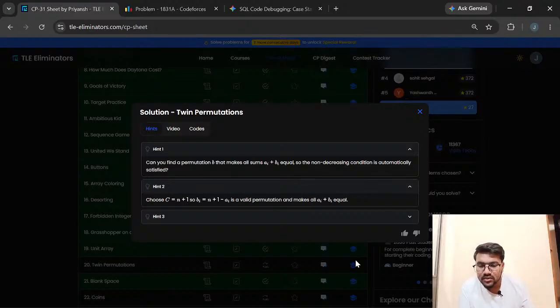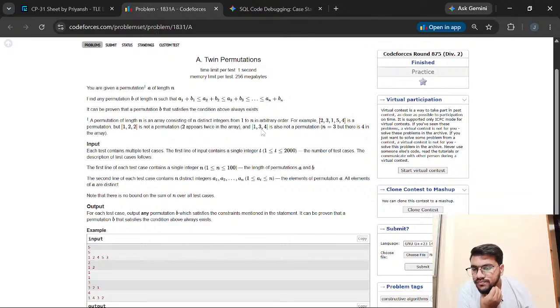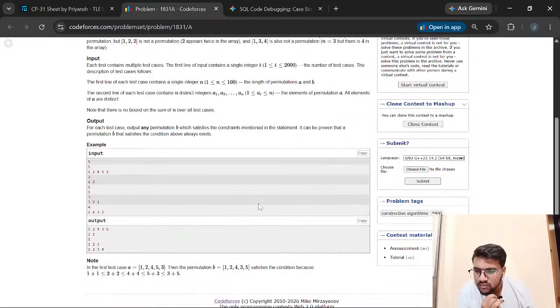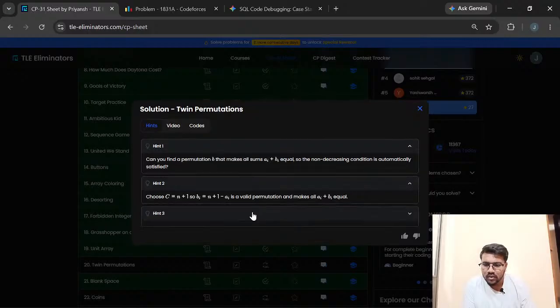Before looking at hint 3, we'll figure out what c is. n plus 1, so n is 5. 6 minus this one. No, can't do that. Have to look at hint 3 then.